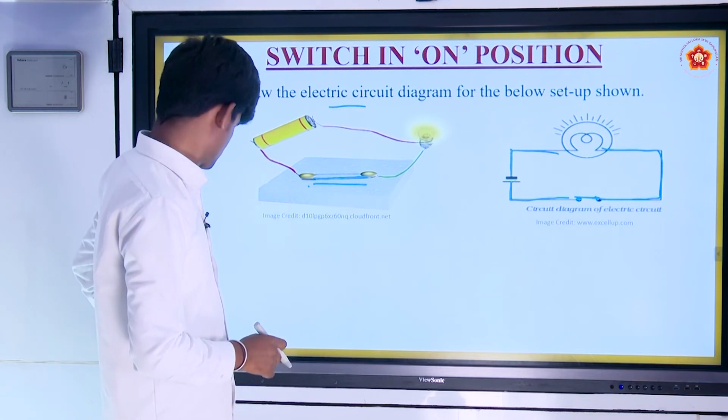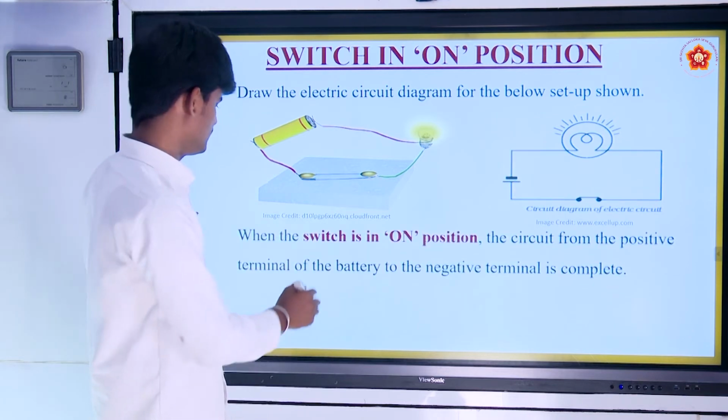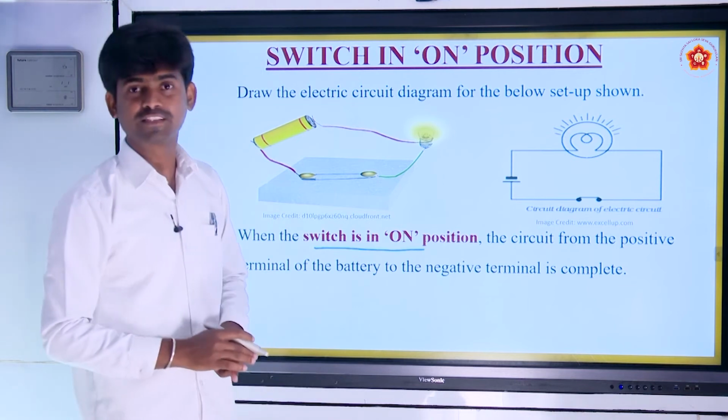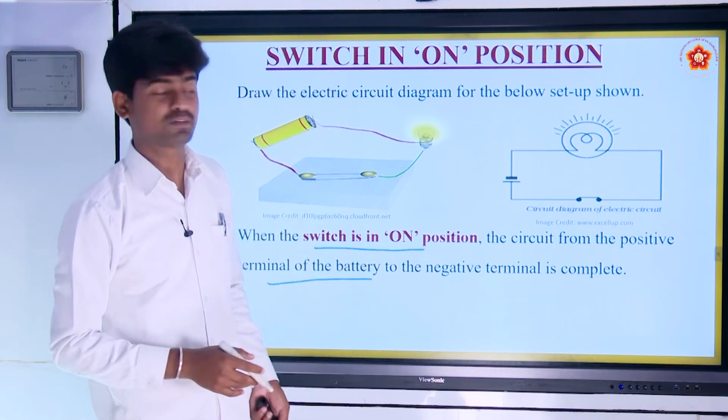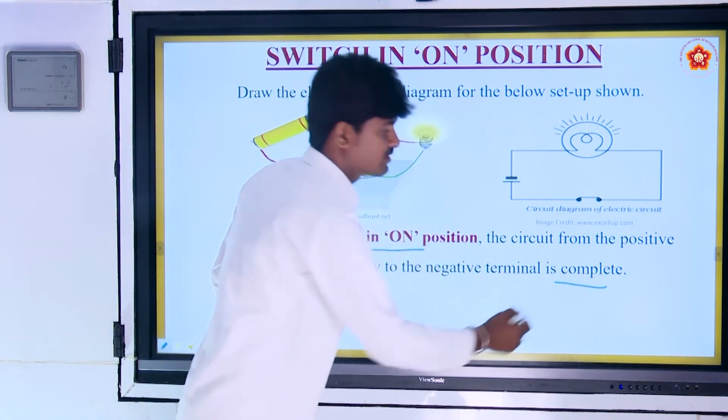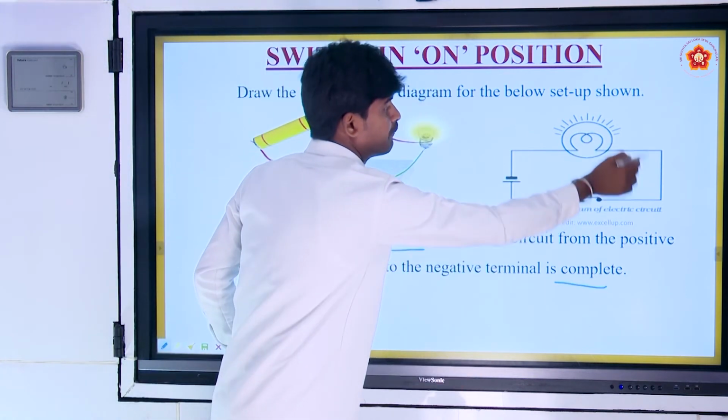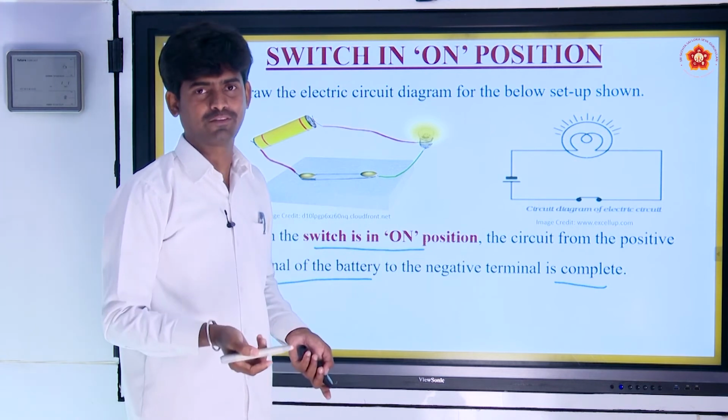Yes, right. See, when the switch is in the on position, the circuit from the positive terminal of the battery to the negative terminal is complete. The circuit is complete, there is no opening anywhere.